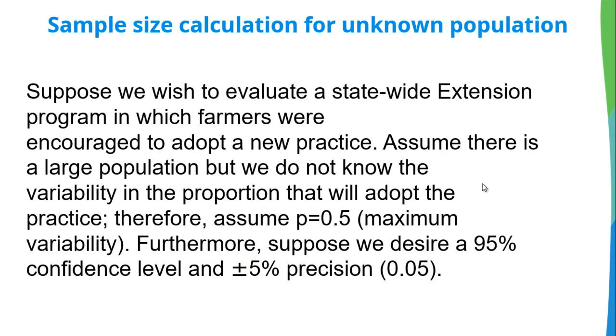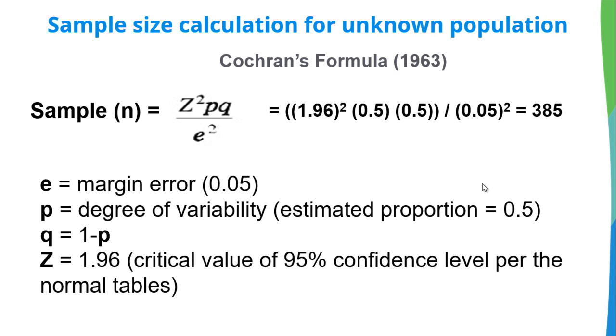So now we can introduce a formula called Cochran's formula. This was established in 1963 by Cochran, and it deals with sample size for an unknown population, when you don't know the population yet.